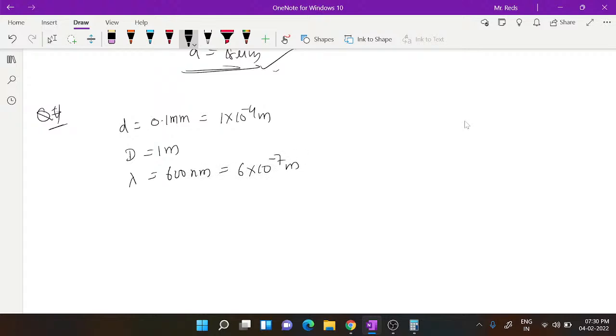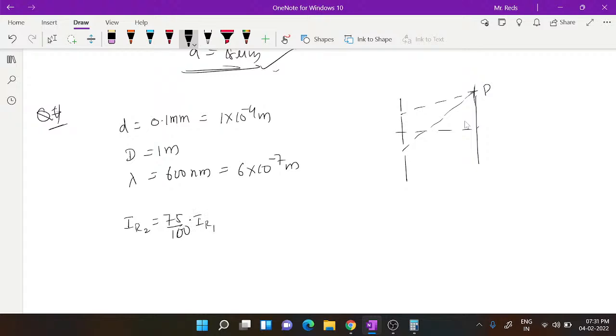The intensity at a point on the screen, say this is the double slit and this is the screen, at some point P on the screen is 75% of the maximum intensity.